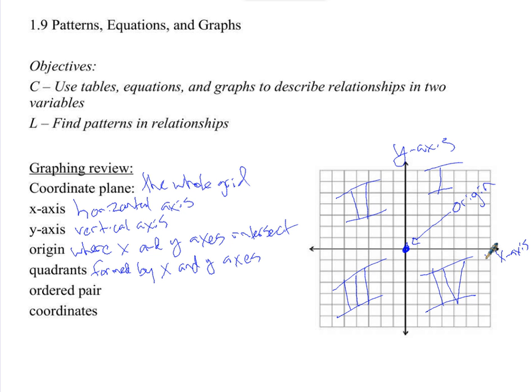What is an ordered pair? We don't know? Go ahead. Yeah?